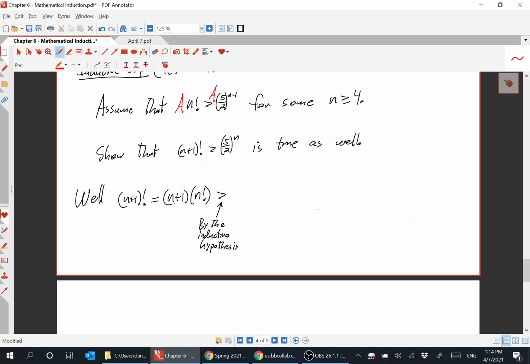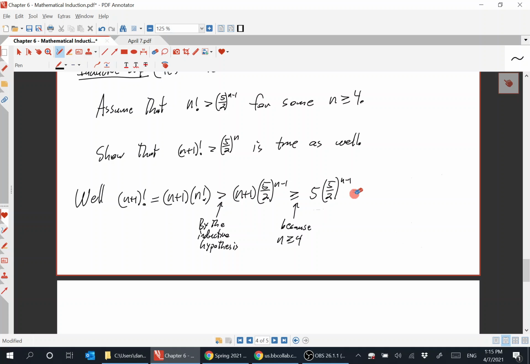So by the inductive hypothesis, this is bigger than n plus 1 times 5 halves to the n minus 1. And then, because n is bigger than or equal to 4, this is bigger than or equal to 5 times 5 halves to the n minus 1.